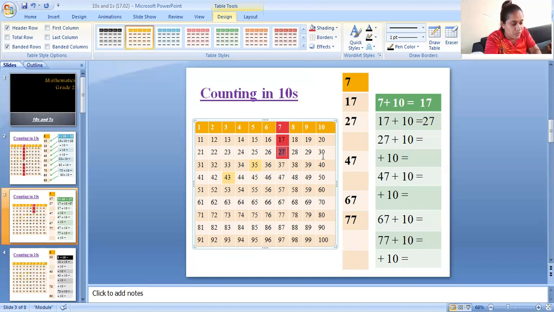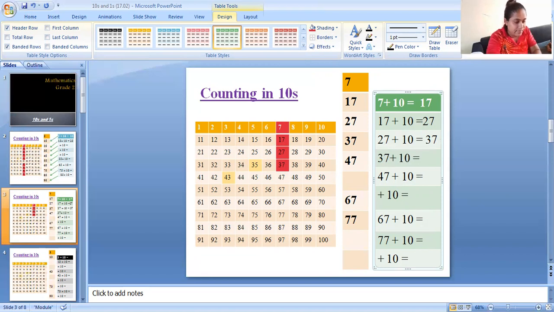1, 2, 3, 4, 5, 6, 7, 8, 9, 10. What is the number? It is 37. 27 plus 10 is equal to 37. Now here it should come 37 plus 10 is equal to, the book has given, 47.